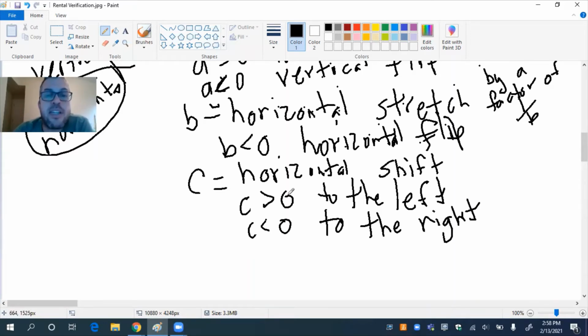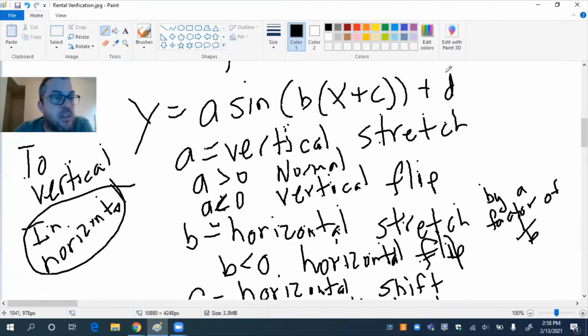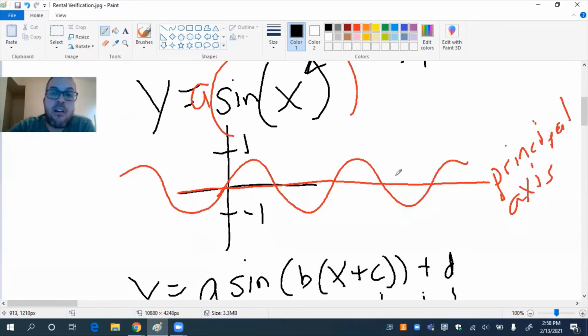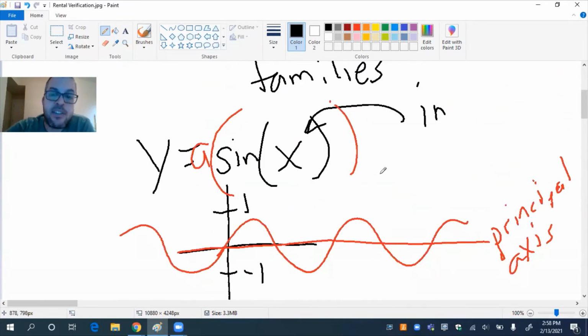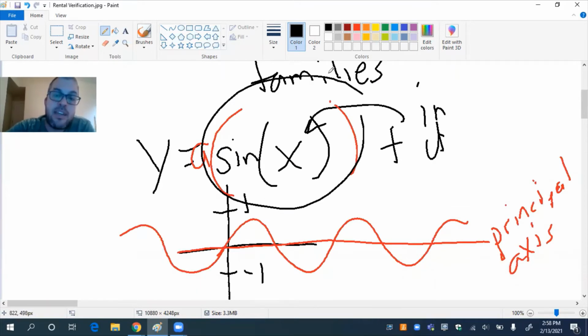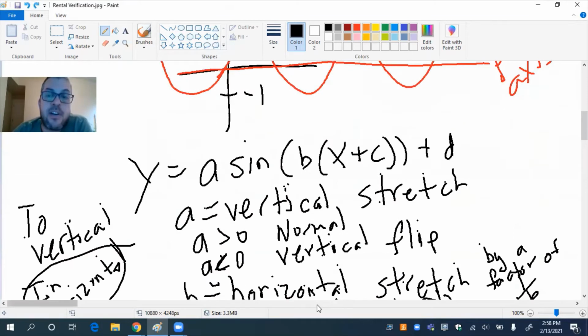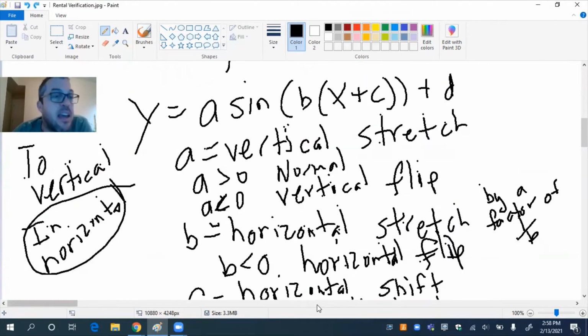Okay, so let's look at d. With d, I'm adding something to the function. I'm taking all of this sine function and adding something to all of it. So that's to the function, which is vertical. This is our vertical shift, up or down. Because it's not in parentheses, if it's plus, then it's going to be up. If it's minus, it'll be down. There's no funny business.